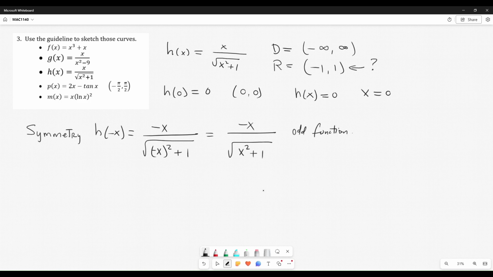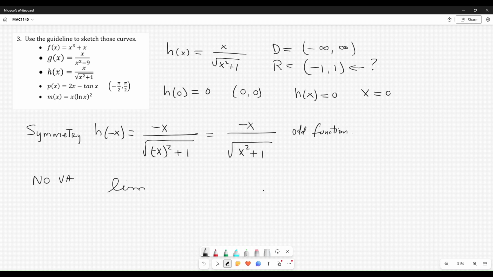Okay, now the asymptotes. Es obvio que no vertical, because the denominator is never 0. Horizontal, yes, it's the same behavior, but be careful because this is a radical function.